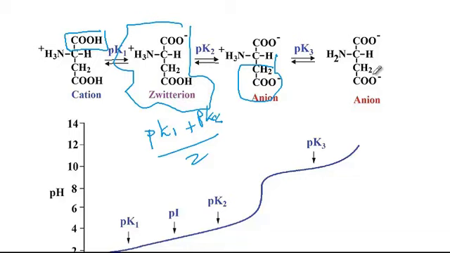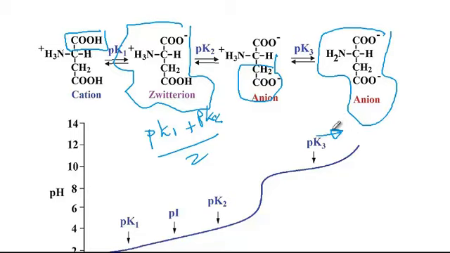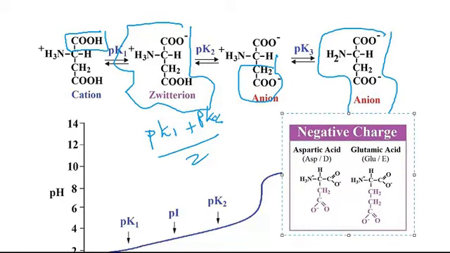Continue to add more hydroxyl groups to the solution, and finally we will have an anion beyond the pK3. All right, and so here is the list of negatively charged or acidic amino acids, and the example that I gave you here was aspartic acid.